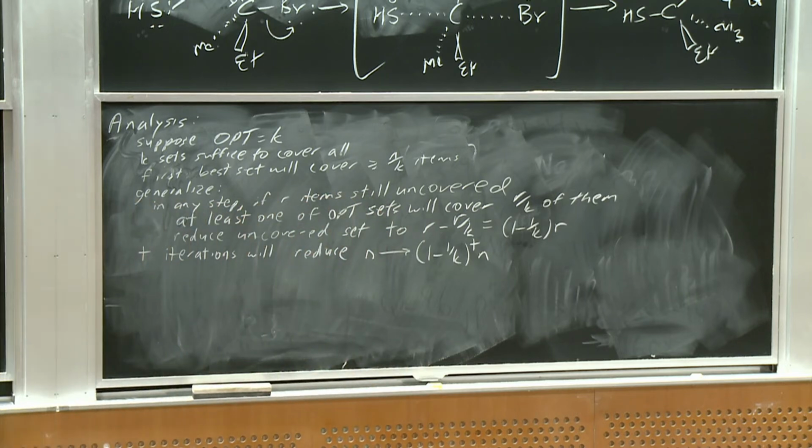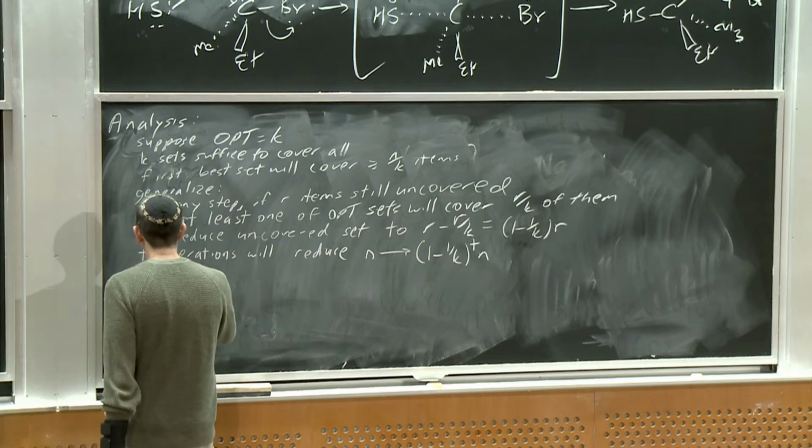All right. Well, that's nice. But is it nice? I mean, it's never going to reach 0, right? We want all of the items to be covered, and that means we need the number of uncovered items to be 0, and we're never going to get there, according to this formula. But I claim we're actually okay. Right? When can we stop? When it's less than 1.